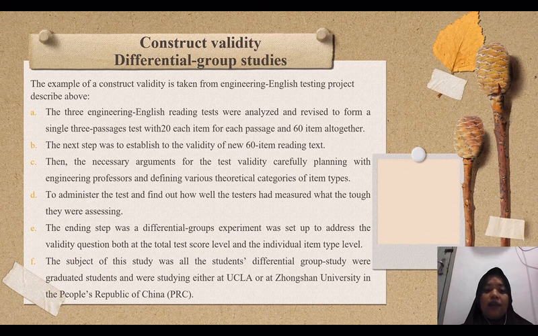The fifth, a differential group experiment was set up to address the validity question both at the total test score level and the individual item type level. The sixth, the subjects of this study were all students. The differential group study subjects were graduate students studying either at UCLA or at Zhongshan University in the People's Republic of China.